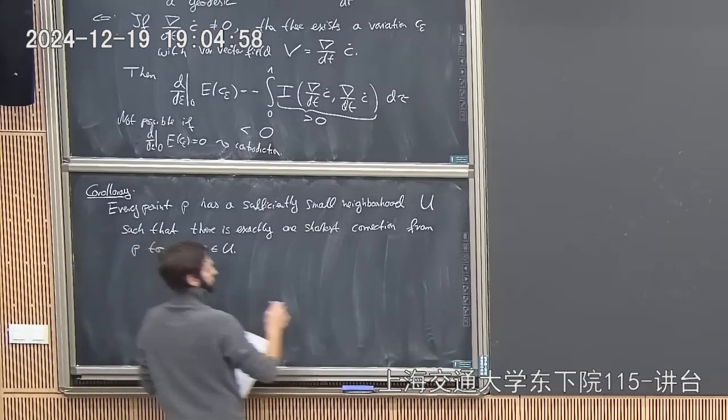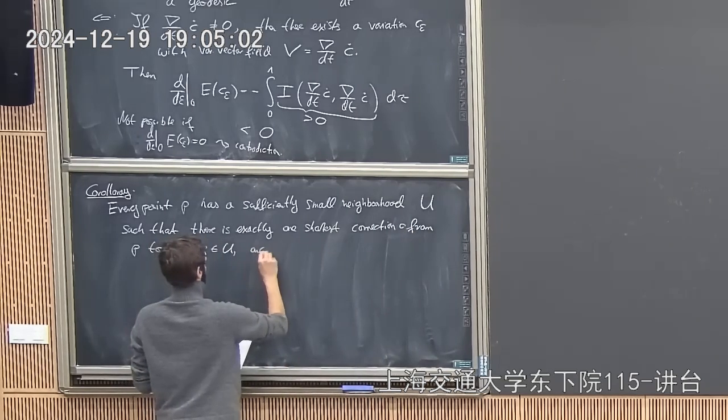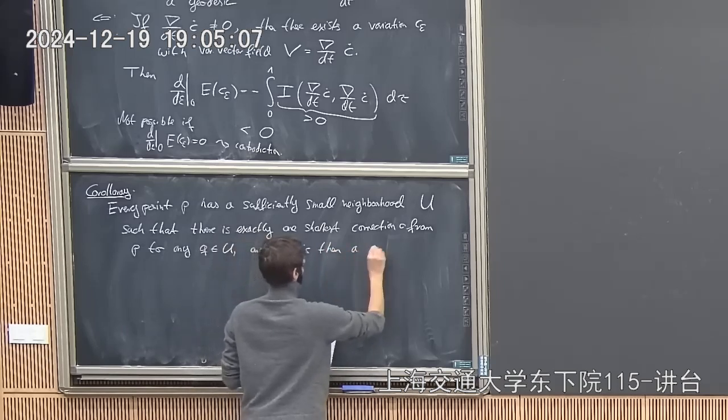And this shortest connection is a curve, and C is then a geodesic.